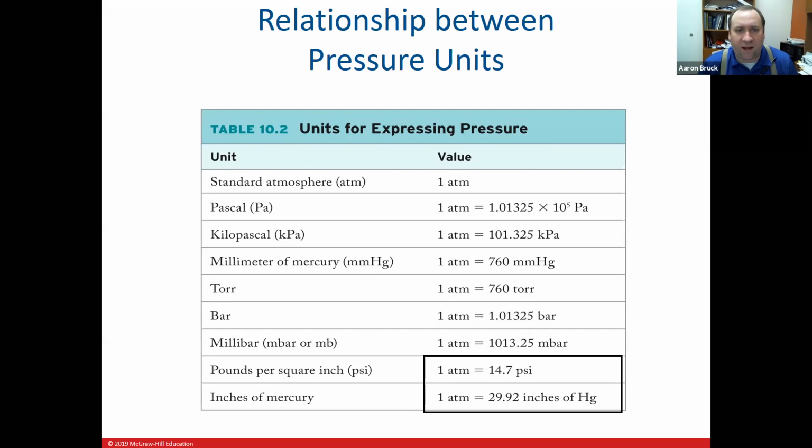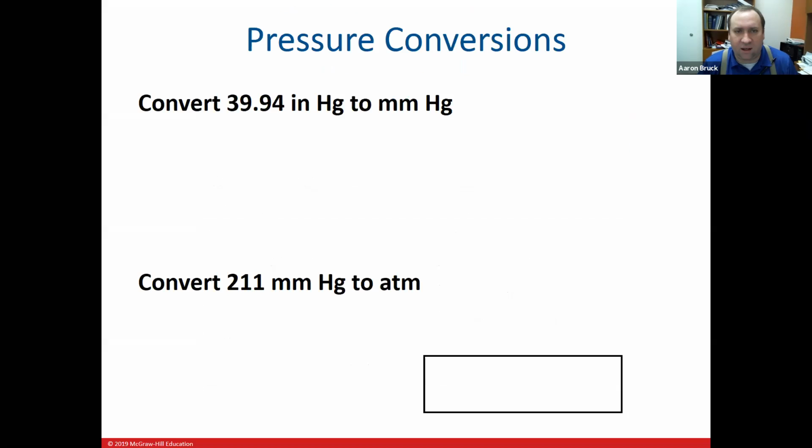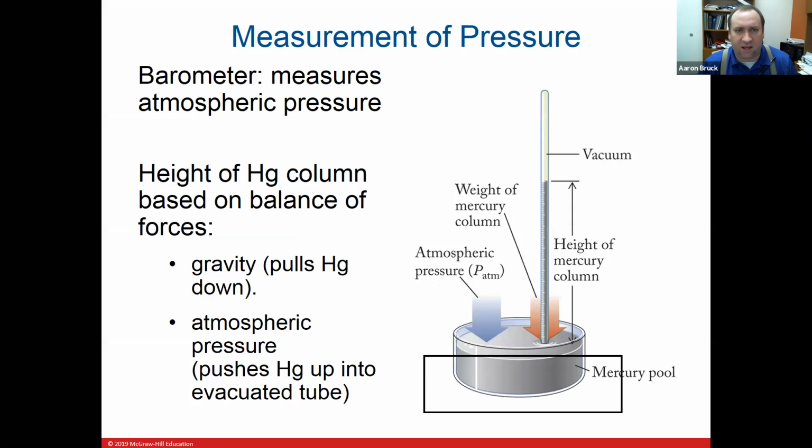Now let's go back to that previous slide, because it does cover the idea of the barometer. In the barometer, we are talking about how we measure atmospheric pressure. The way this works is we have an open pool of mercury, and the mercury has 2 forces being exerted on it at the same time.